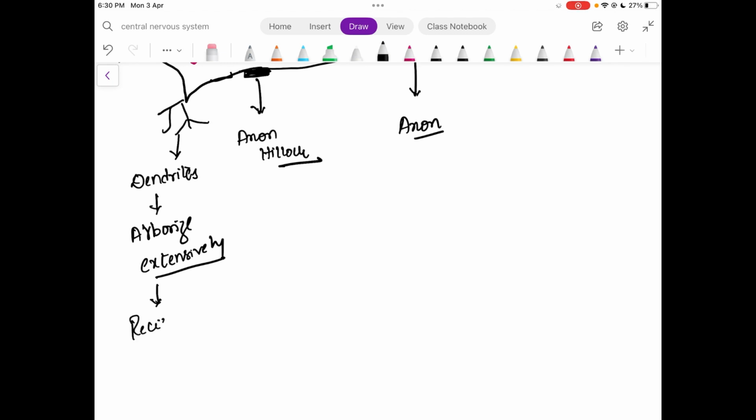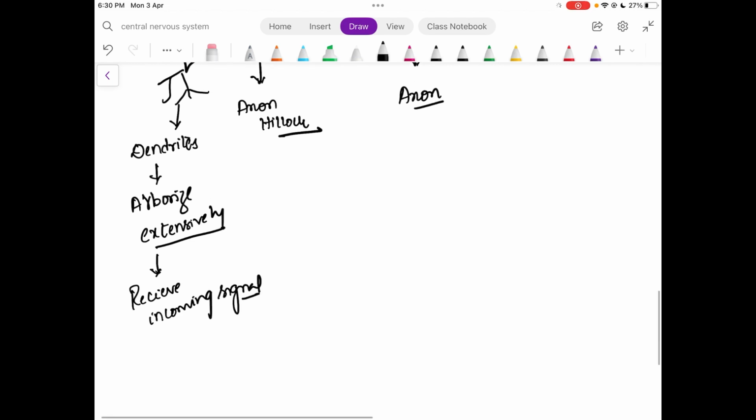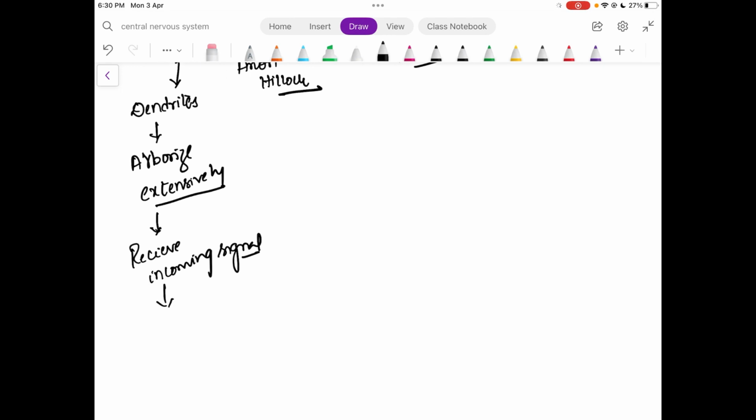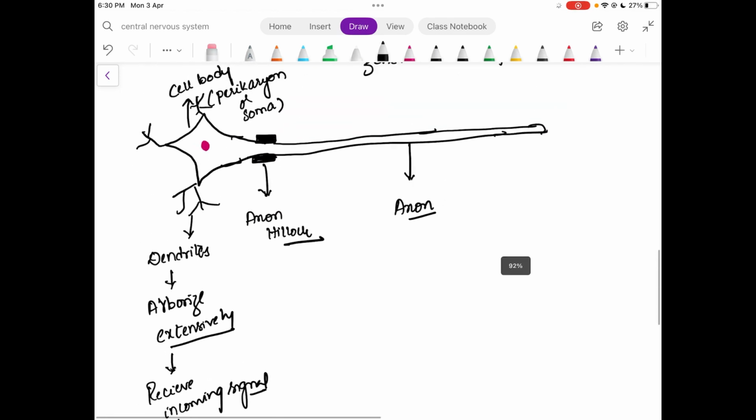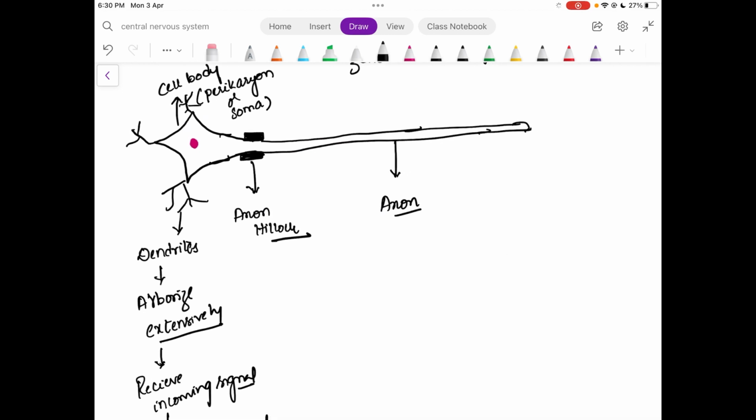They receive incoming signals from other neurons, process these signals, and transmit information to the soma. So this is the function of dendrites.